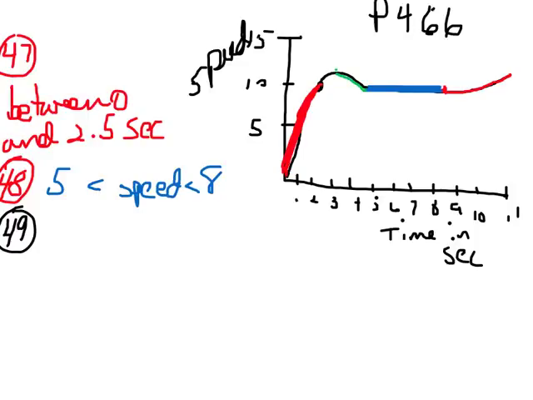To me, that looks like it's between 2.5, and since the speed is on the y-axis, I would put a y there. I could write it the way I did 47 or 48, but I'm going to, again, just try to help you see how you get the notation you usually see in a math book. It appears to be negative between maybe 2.5 and 5, I'm going to guess, is what it looks like.